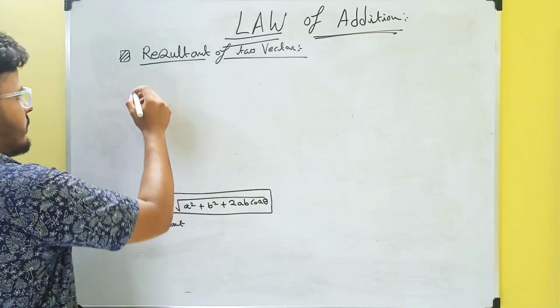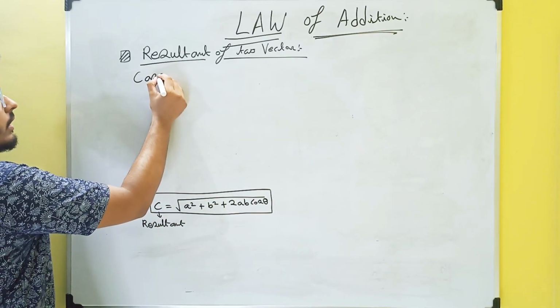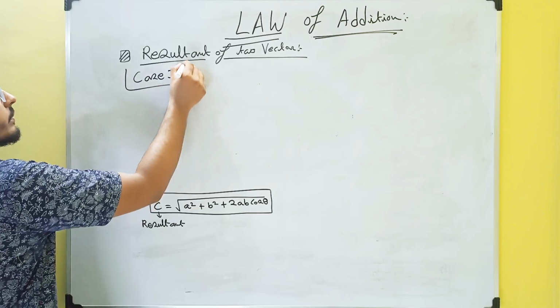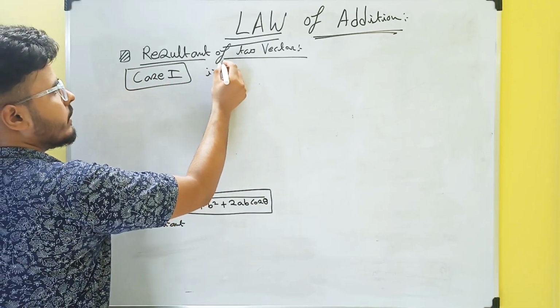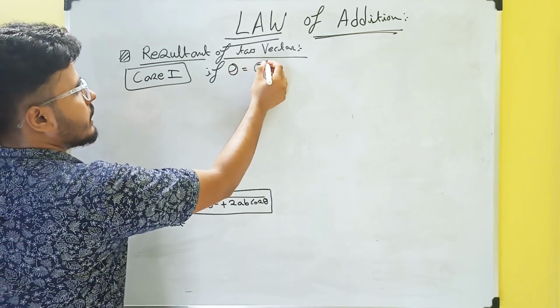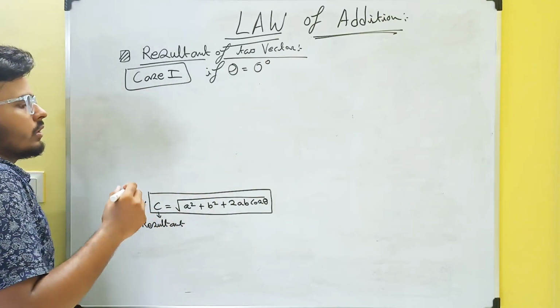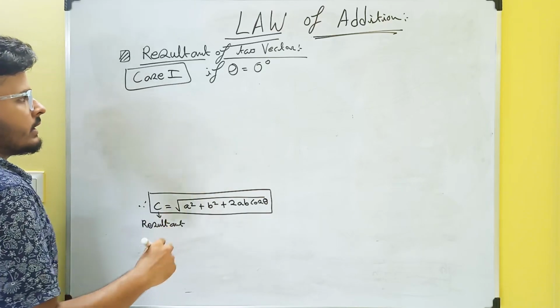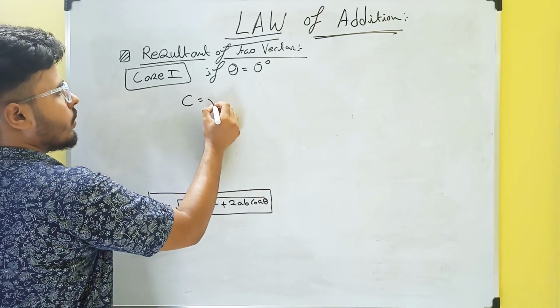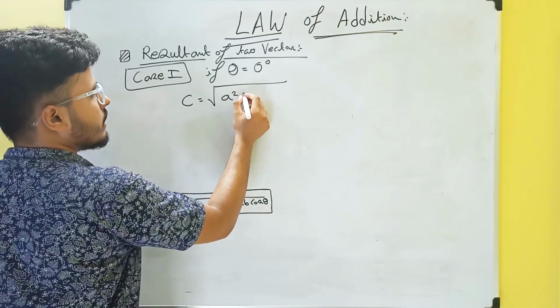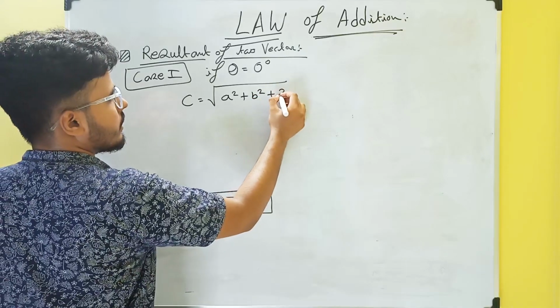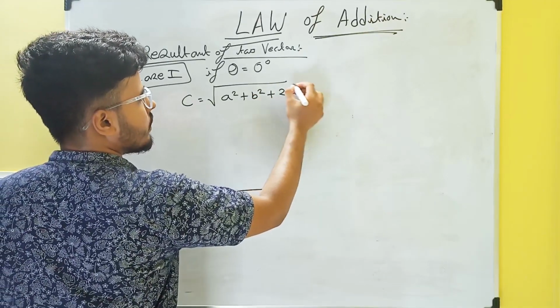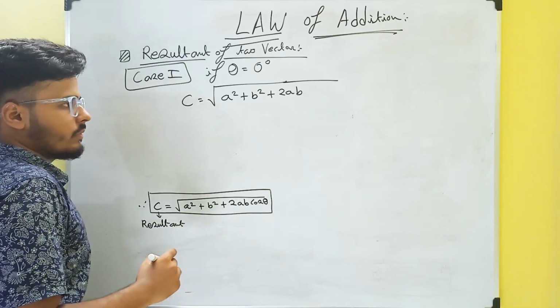Let's take some cases. Case 1. If theta is 0 degree, what will be the value of the resultant? We all know, what is the value of cos theta?